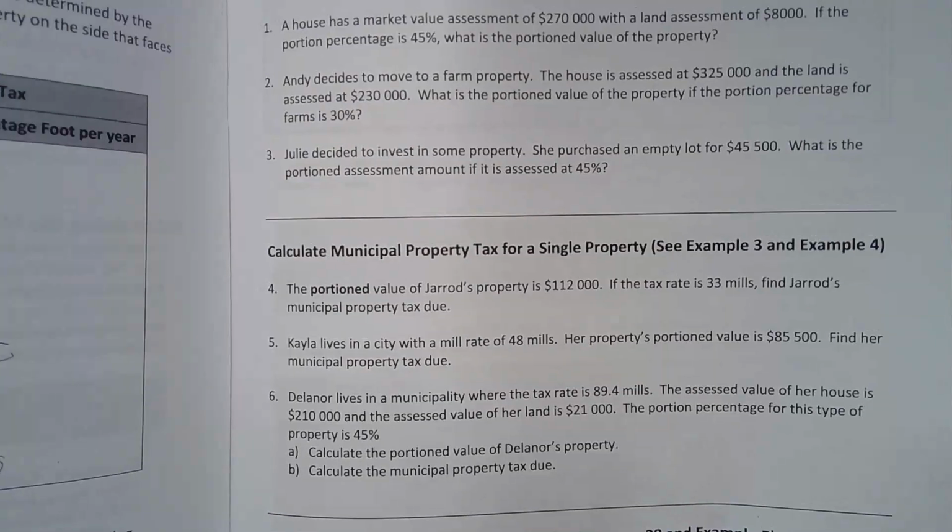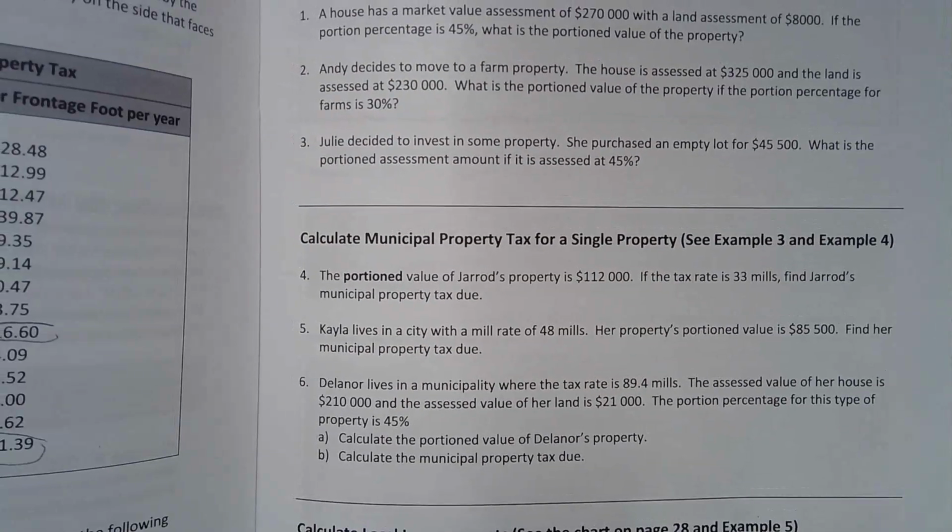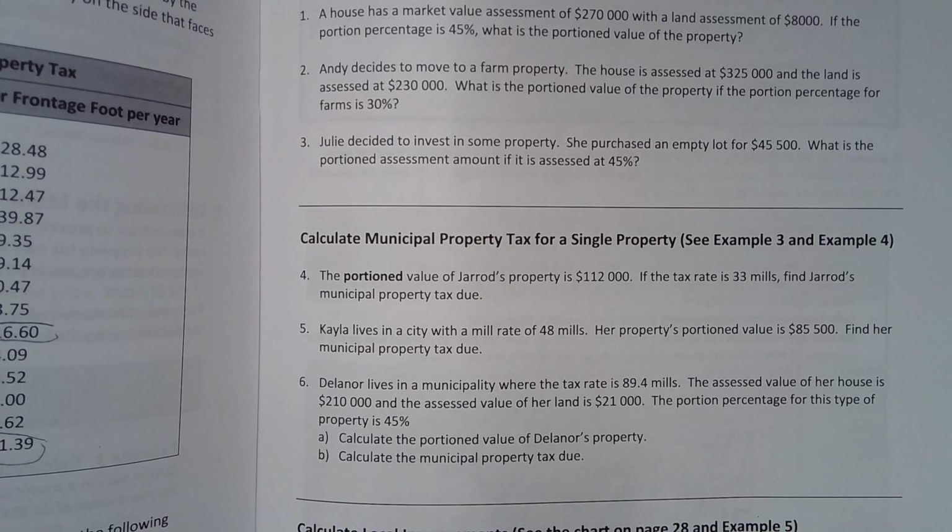So get started. I think the big terms for today are just knowing the difference between the total assessed value, and that's usually just given to you in the question, right? Unless it's a farm, the only time you'll have to do any calculations is if it's a farm where they have the house and the land separate.